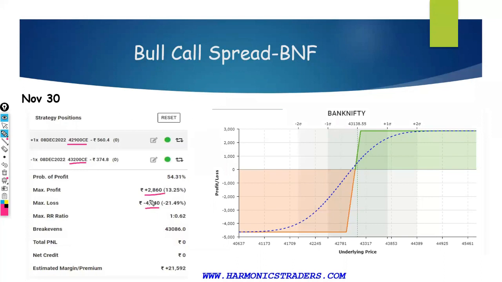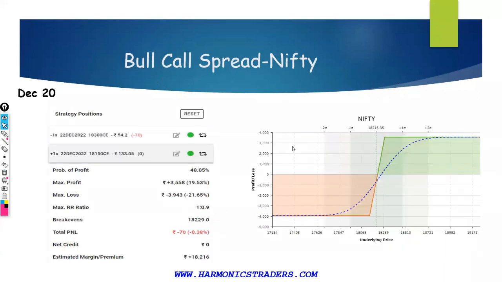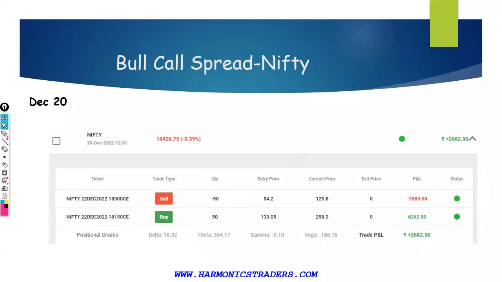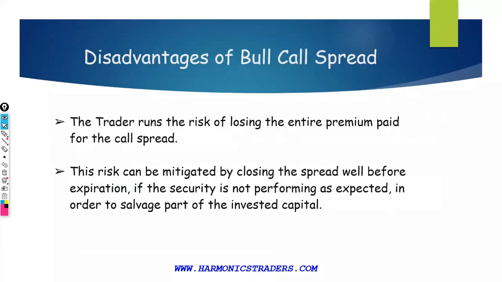In earlier cases, there was a 5 to 10% difference, but here the difference is not good, right? So in those cases, don't deploy these kinds of things. That is why in very simple terms, I just said you could go with bear call and bear put. Okay, these are the examples. Advantages, disadvantages are the same in all the places.